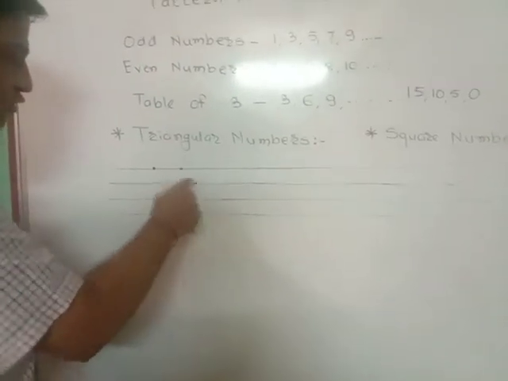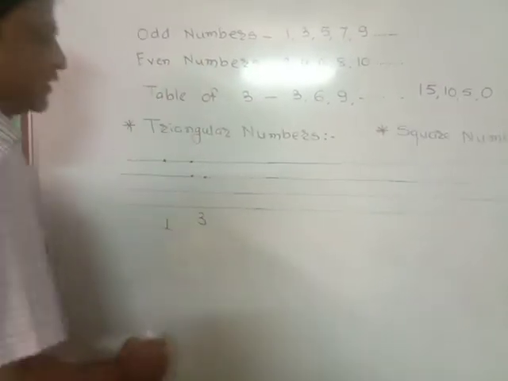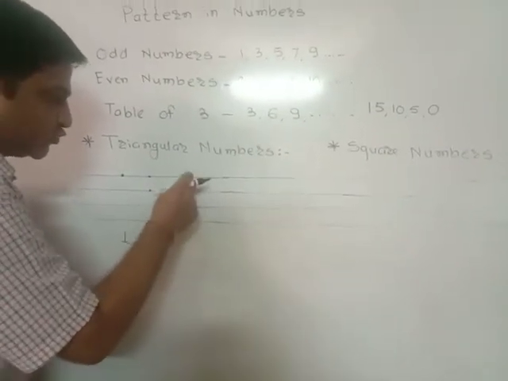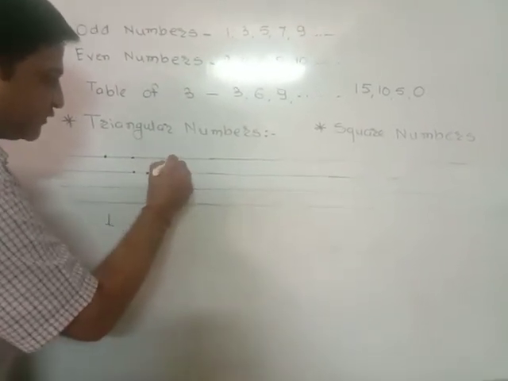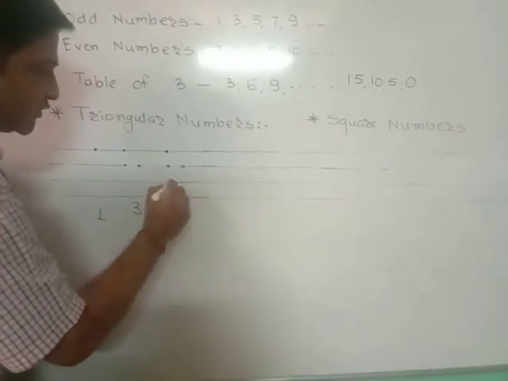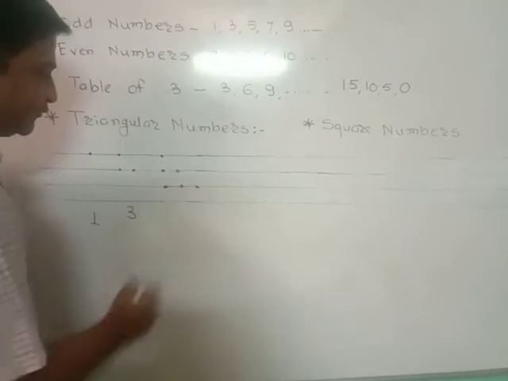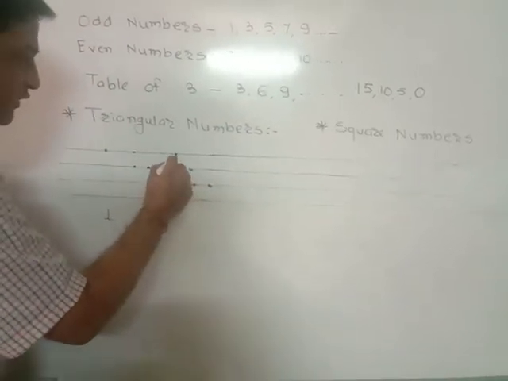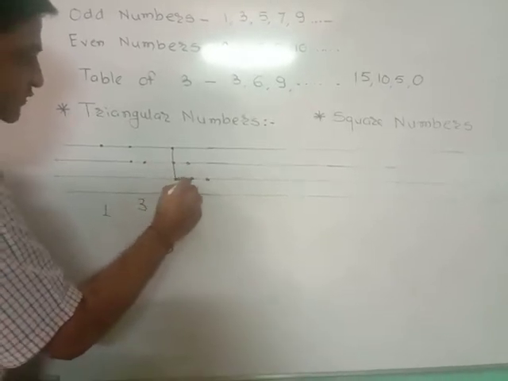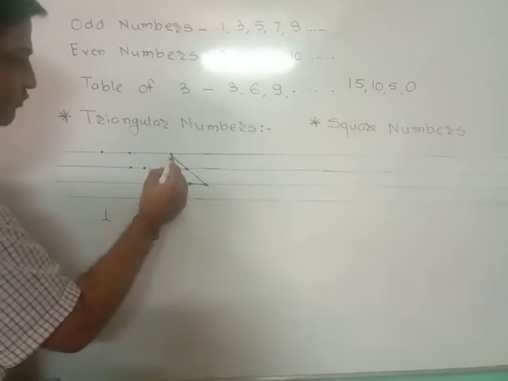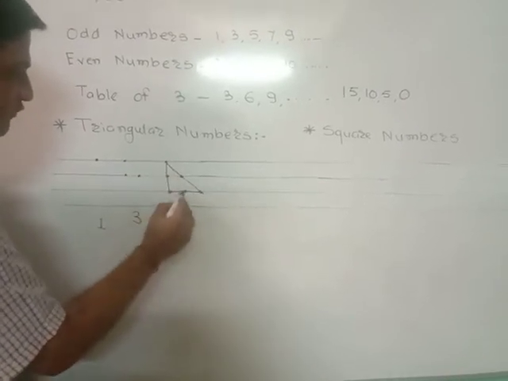Here the total number of dots will be 3. If I take 3 rows, 1, 2, 3, on the first I will put 1 dot, on the second I put 2, on the third I put 1, 2, 3. Now you will see that if I join the outer points, they are going to form a triangle. Now you will see the number of points will be 1, 2, 3, 4, 5 and 6.